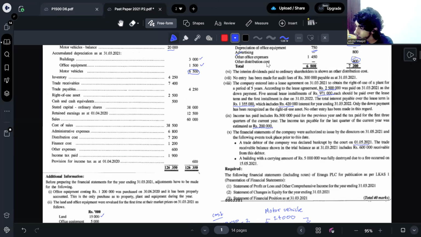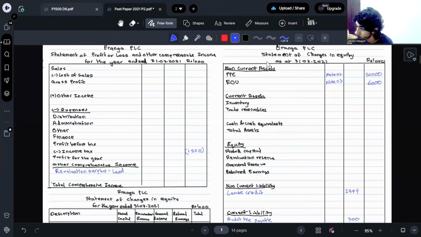The trade receivable balance shown in the trial balance at 31st March 2021 includes 600,000 receivable from this debtor. So this debtor was there during the year as well. Therefore, that is an adjusting event. So you have to record this as bad debt.